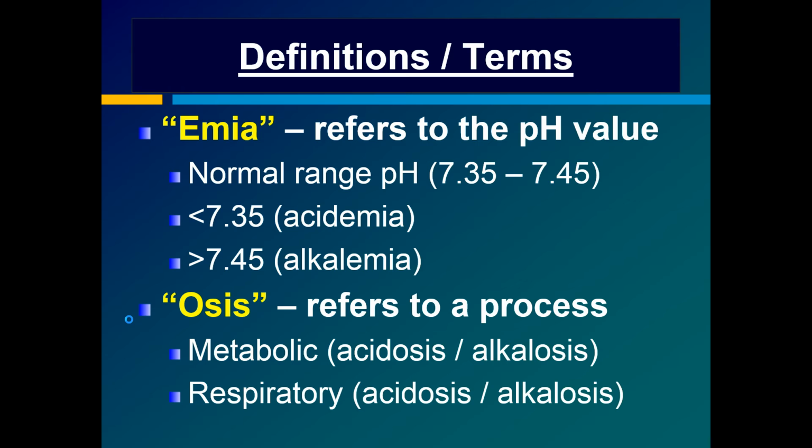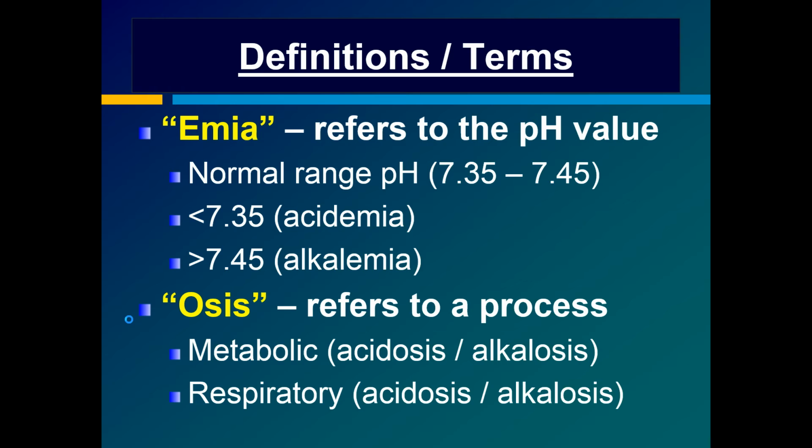There's probably not 100% absolute agreement or standardization, but at least for the context of what we're going to be talking about, a pH of less than 7.35 will be considered acidemia, and a pH greater than 7.45 will be considered alkalemia.